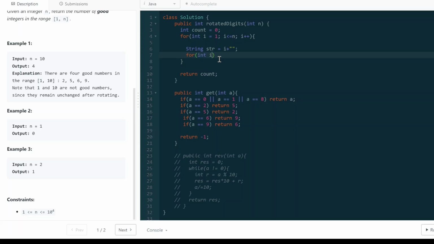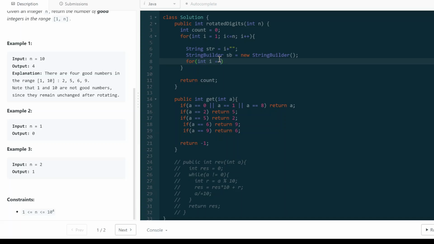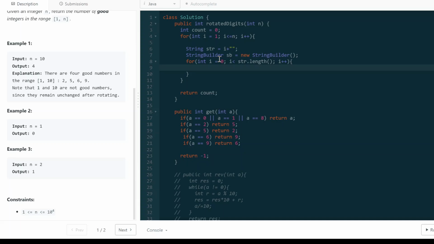Then I'm going to iterate over each of these characters, or I can just build a string builder, new StringBuilder, and iterate over each of the characters. i less than str.length, i plus plus, and I'm going to get the corresponding value against it. So char ch equals str.charAt(i), and now I have to use some other variable like j maybe.